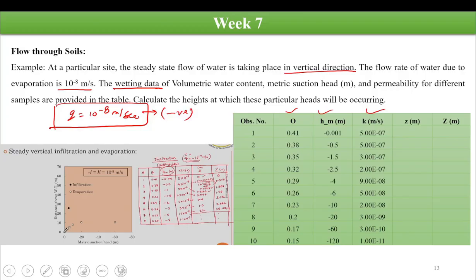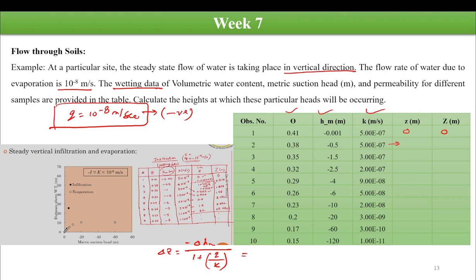So here, as we have seen, we write delta Z is equal to minus delta Hm upon 1 plus Q by K. Delta Z is equal to delta Hm divided by 1 plus Q by K. For the first one, it's going to be 0 and 0.